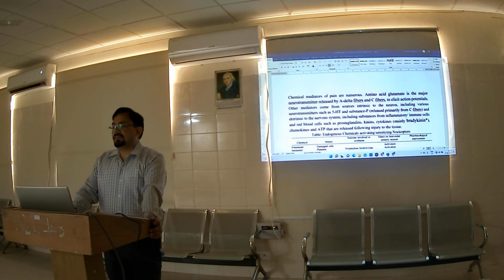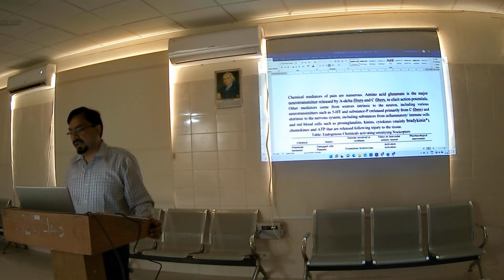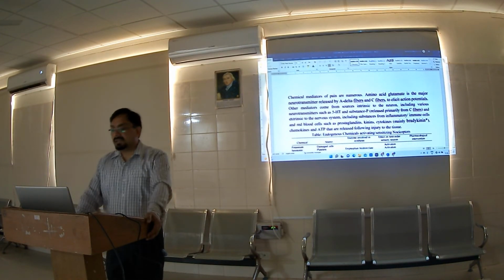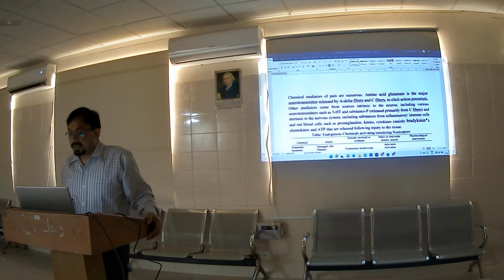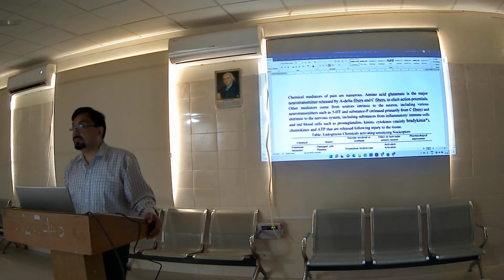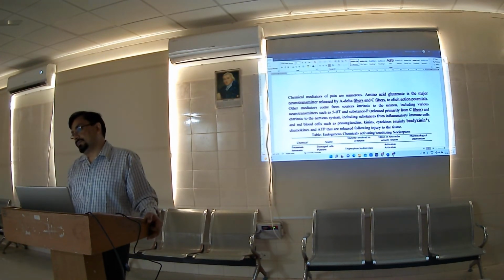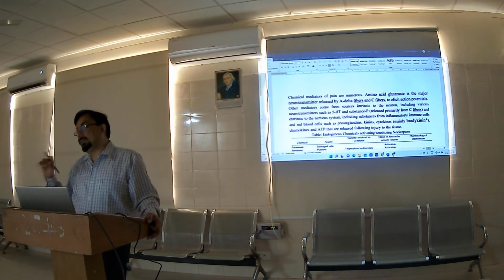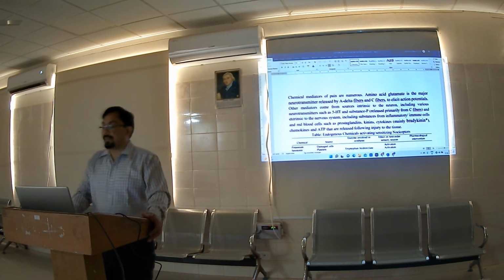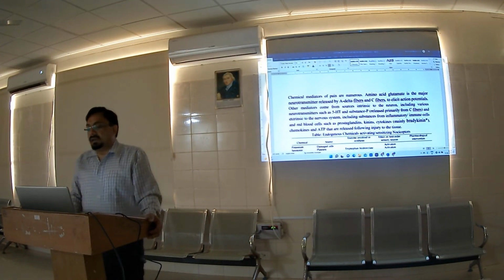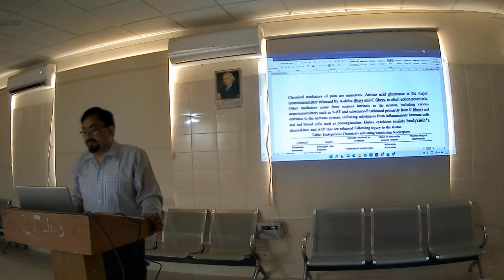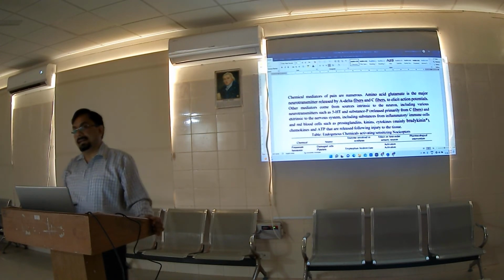Other mediators come from sources intrinsic to the neurons, including various neurotransmitters such as 5-hydroxytryptamine and substance P, which is released only from C fibers. They are not released from A delta fibers. Substance P is responsible for a dull, throbbing, continuous or long-term pain. And extrinsic to the nervous system, there are substances from inflammatory immune cells and red blood cells, such as prostaglandins.